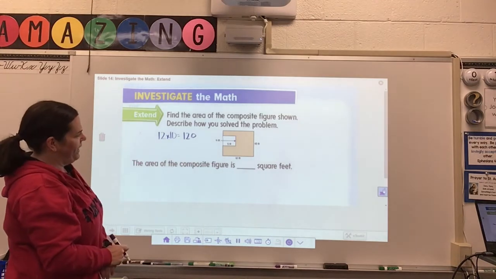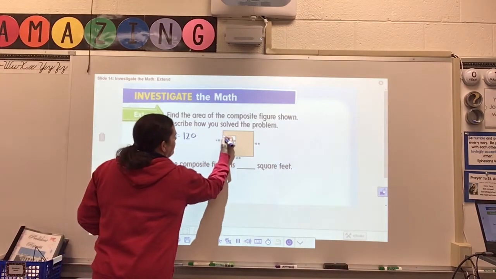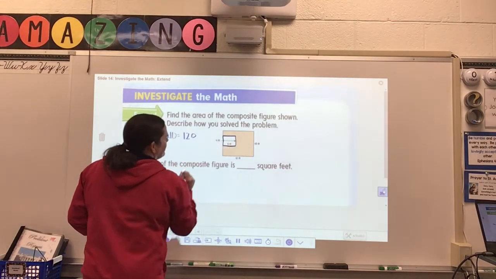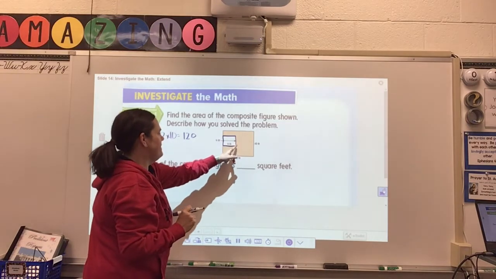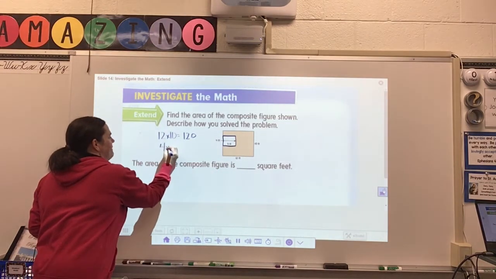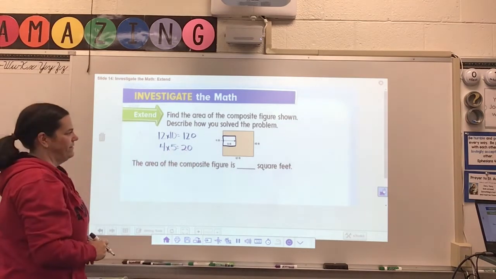Okay? I also know that this chunk that's cut out of it is 4 feet by 5 feet. Well, 4 feet by 5 feet equals 20 feet.